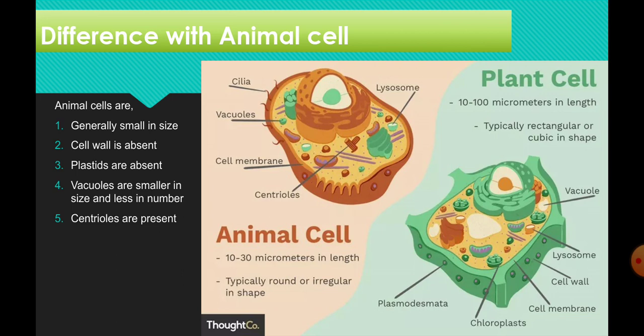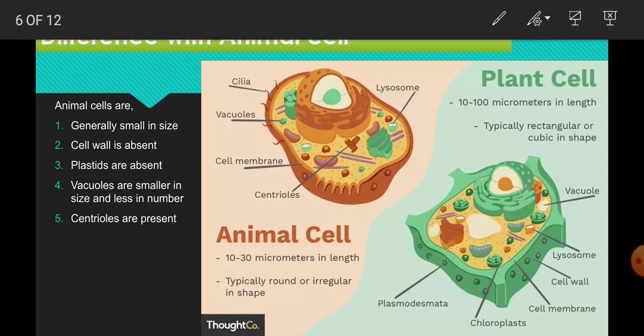The vacuoles in the animal cell are smaller in size and fewer in number. You can see the greenish cell wall is absent here, and the plastids are absent here.